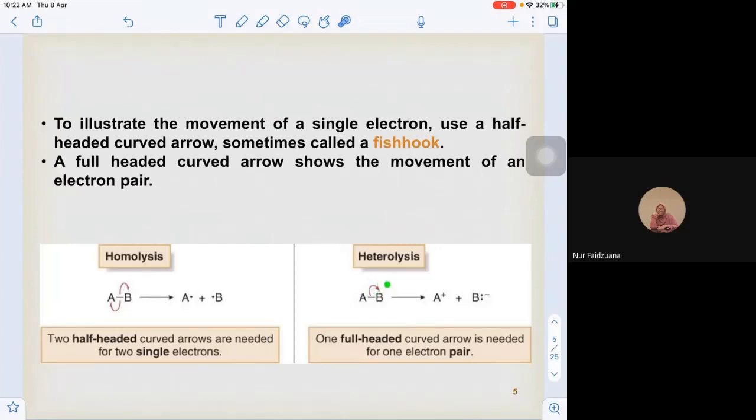Half-headed shows that only one electron goes to one side, and full-headed shows that both shared electrons go to one side. This is important when showing the process: make sure you draw the correct arrow. If it is homolysis, half-headed; heterolysis, full-headed.